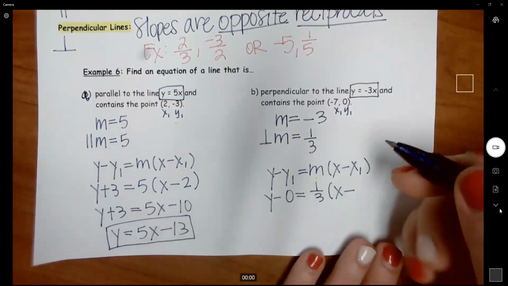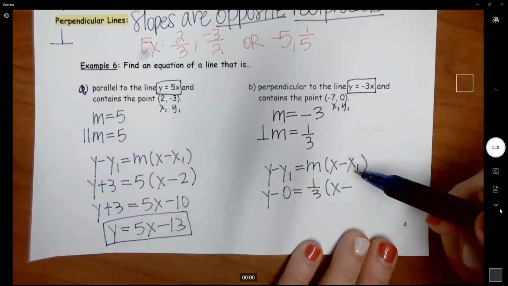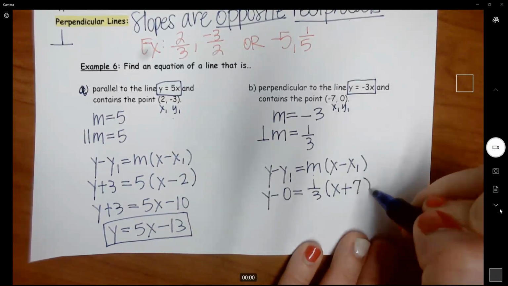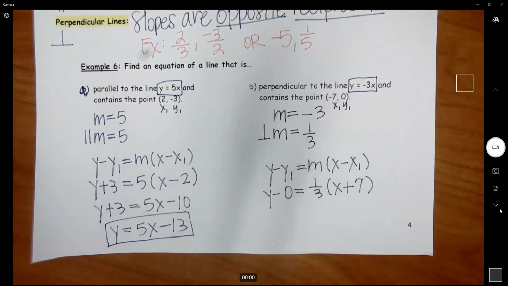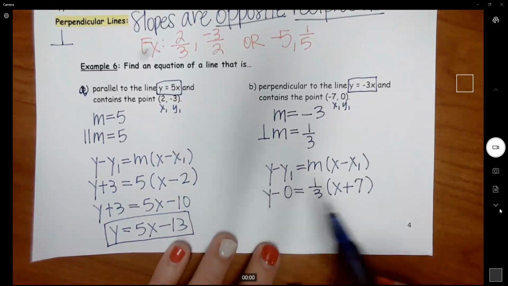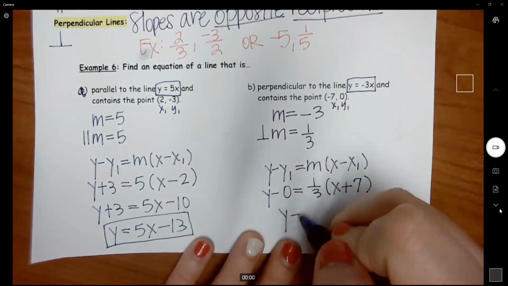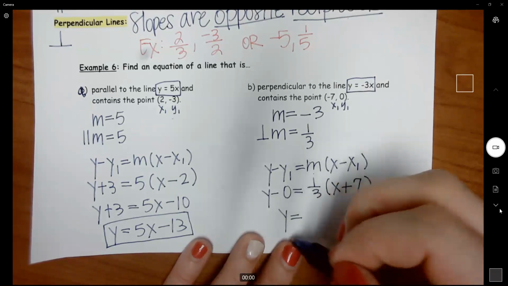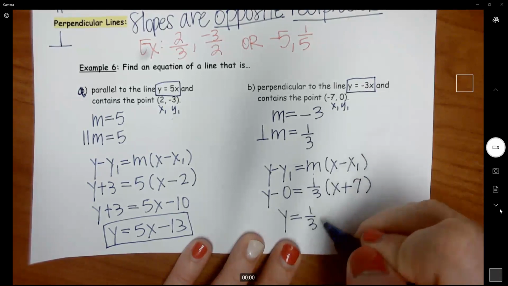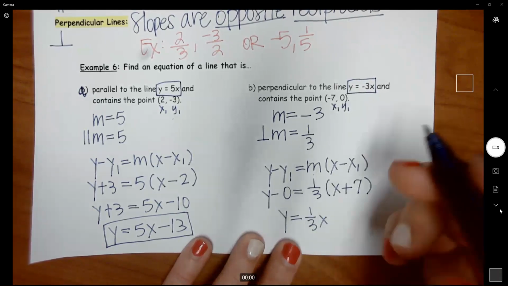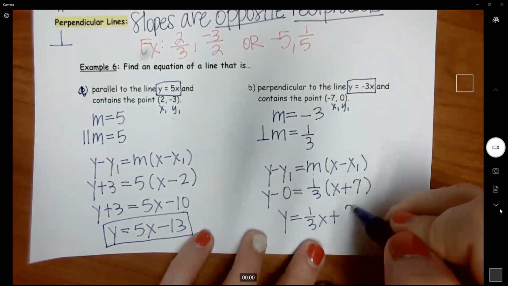And then x minus x1, which is a -7. So minus a -7 is +7. y minus 0, well, y minus nothing is just y. Let's distribute our 1/3. So 1/3 times x is 1/3 x. And 1/3 times 7, you can put that in your calculator if you would like, but that is 7/3.